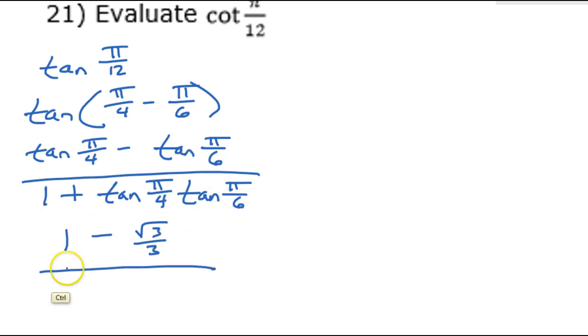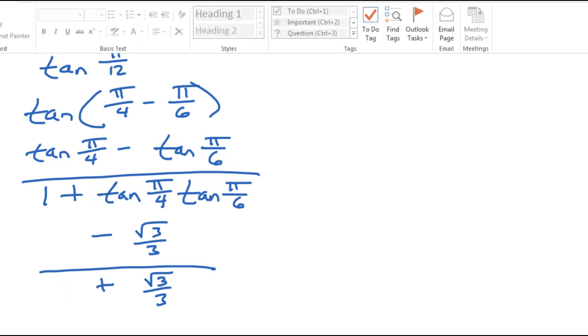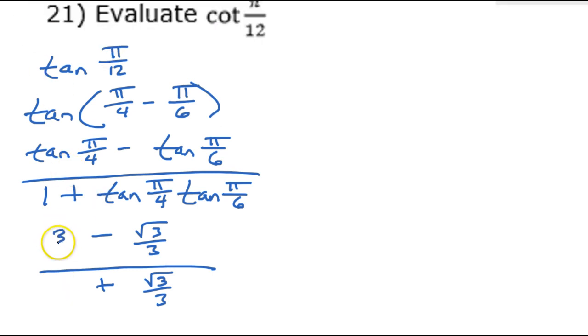So now down in the denominator I have 1 plus tangent of pi over 4, which is 1. 1 times something is not going to change anything, so it basically is gone at this point. And then tangent of pi over 6 again is radical 3 over 3. Now I'm going to use the magic of the number 1, which easily allows me to make like denominators because I can replace 1 with 3 over 3. And ta-da, like denominators.